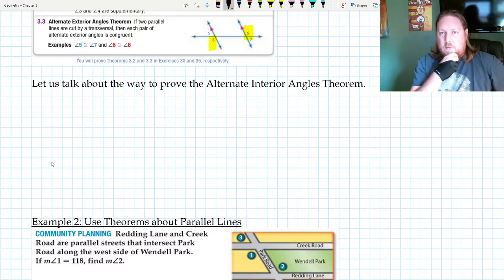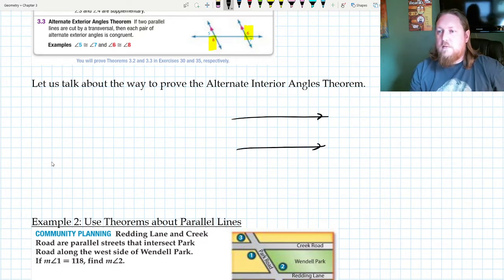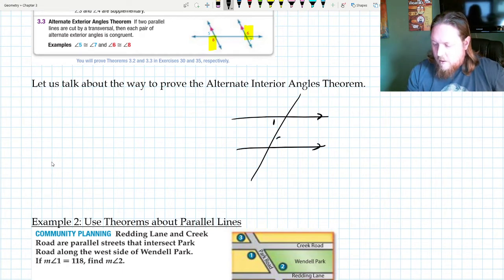First thing we have to do is think about what we need. We need two parallel lines. All right, here's two parallel lines. They're cut by a transversal. All right, so I need to have two alternate interior angles. Let's make that angle 1 and angle 2.